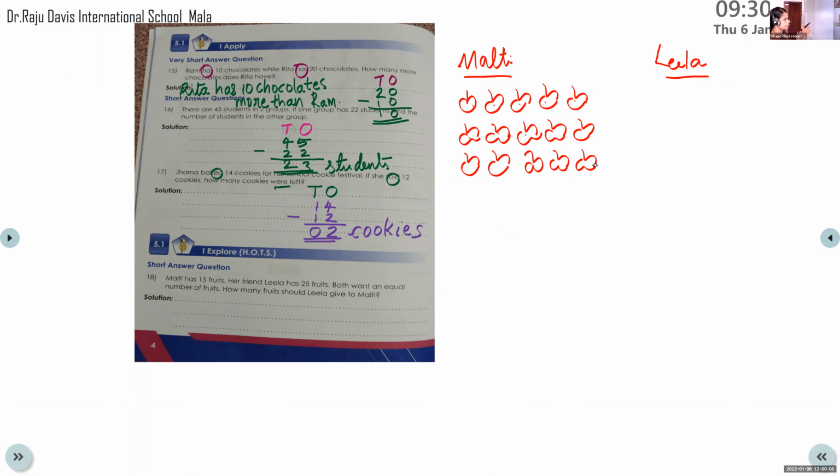Okay. Now let's see Leela. How many fruits does Leela have? 25 fruits. Okay, 25 fruits.